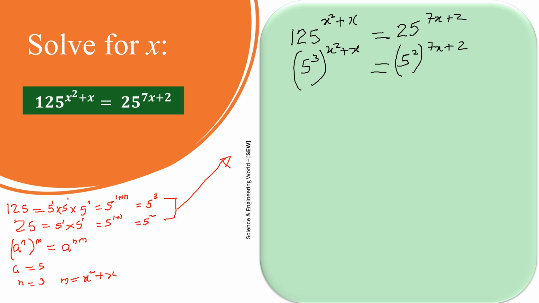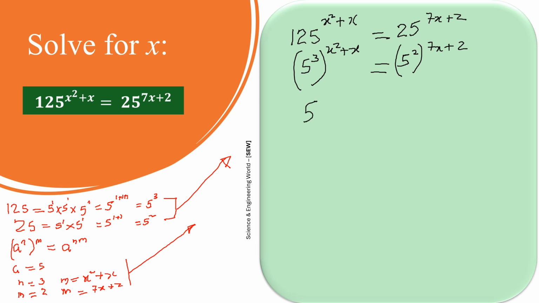On the right hand side, n equals 2 and m equals 7x plus 2. So let's put this together again into that expression.